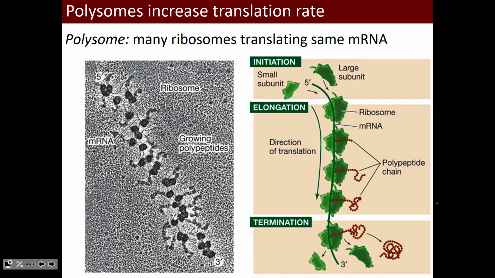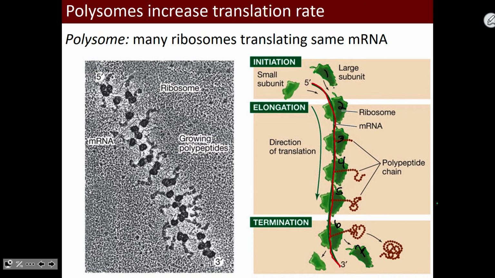And so what we have here is running from the 5' end to the 3' end. This is our mRNA message. And you can see that we have 1, 2, 3, 4, 5, 6, 7 ribosomes represented in this image, right?